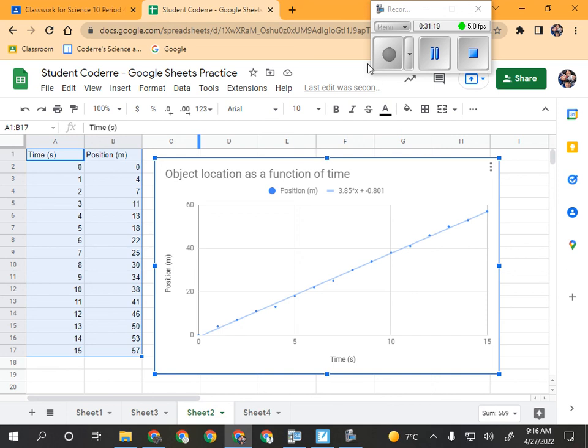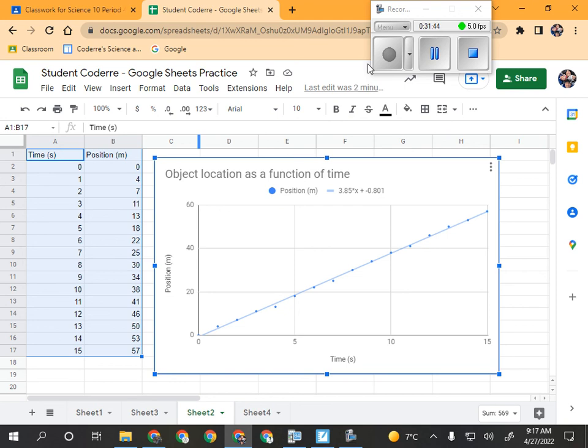And then at various points, the person obviously walked in which direction, forward or backward? Does their position become more positive or more negative? Becomes more positive. They started below 0, but they finished at almost 60 meters. So they definitely walked forward.